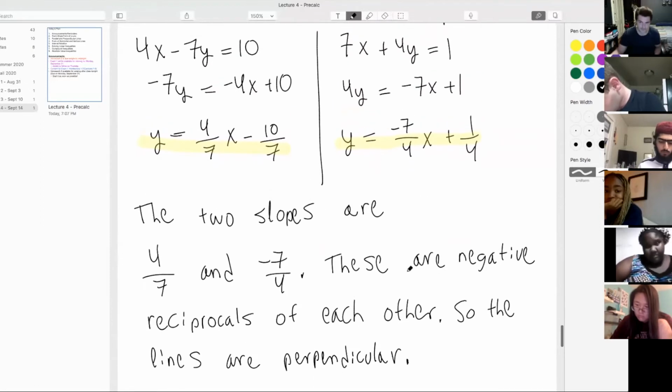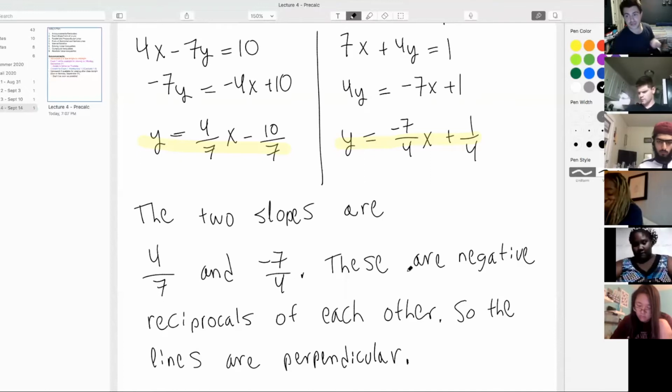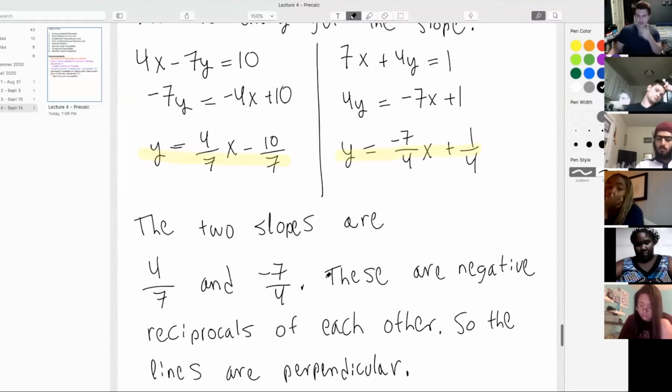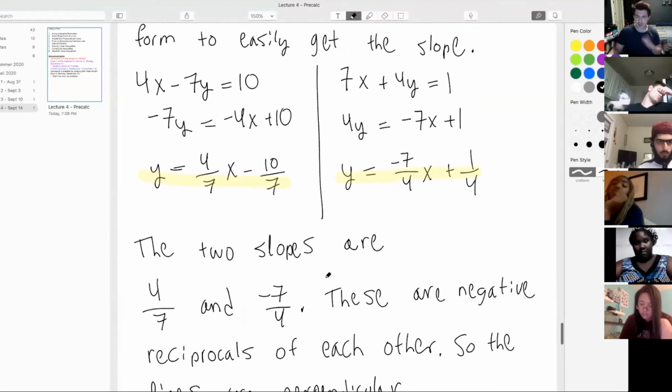Being parallel or perpendicular is very closely connected to slopes, so we always want to think about slopes whenever we're given a question like this. Any questions about this example?